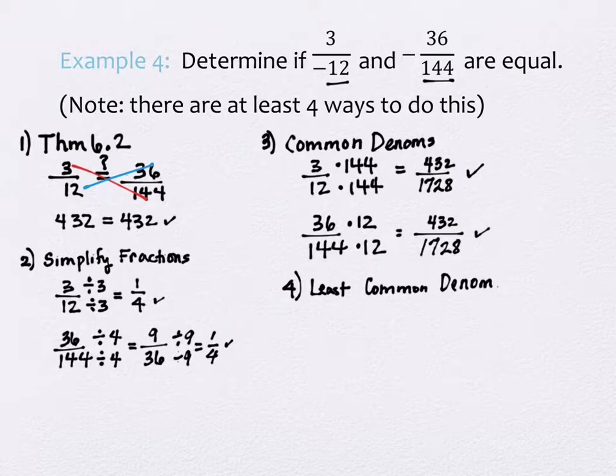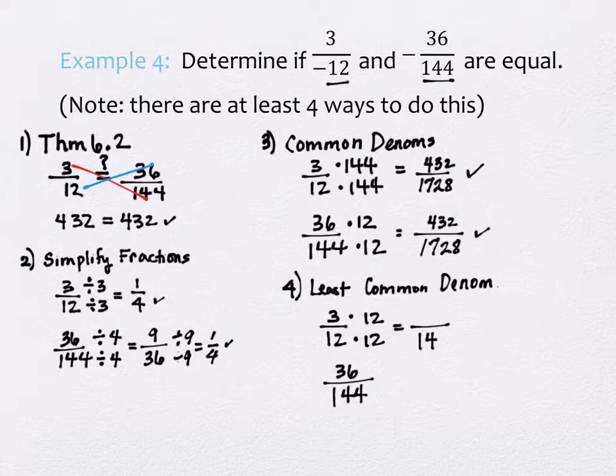You know multiplication tables. You know that 12 times 12 is 144, right? So it would be easy enough to take the one that's a 12 and simply multiply it by 12 to get the 144 we already have on the other fraction. Does that make sense? This is quicker than the other problem, but mostly because we happen to know that about 12 and 144, not just because it always is quicker.